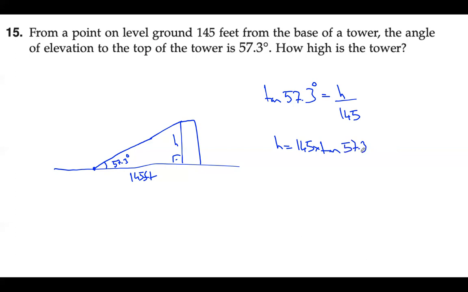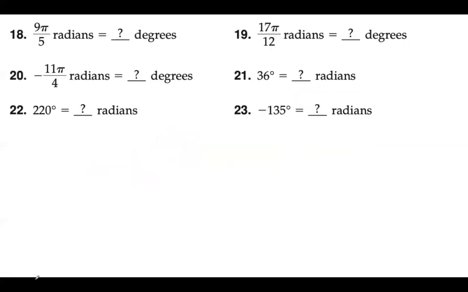I take my calculator, 145 times tangent 57.3. The answer is 225.86. That's the answer.